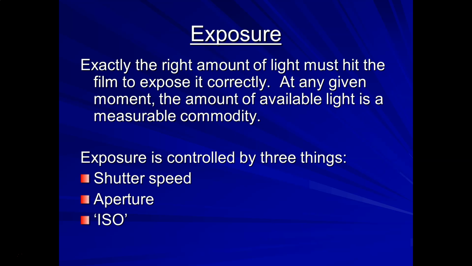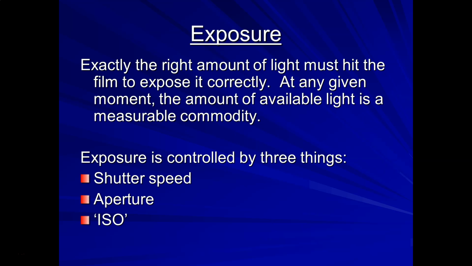At any given moment, the amount of available light is a measurable commodity. You can measure it, and then you can work out what is the correct exposure. And the photographer's got three main ways of controlling the exposure, controlling how much light gets to the sensor at the back of the camera. You've seen a little bit of these before when we talked about parts of a camera.